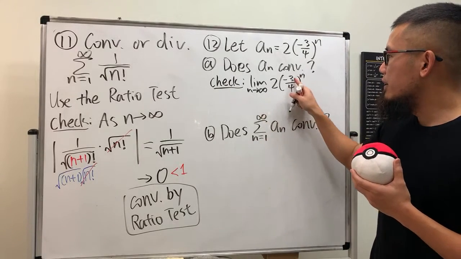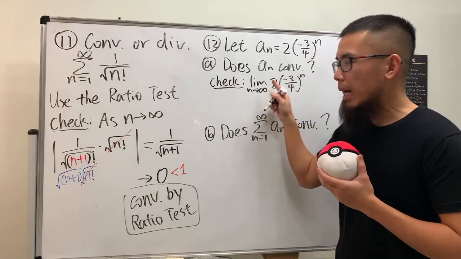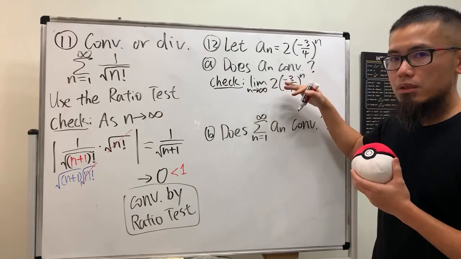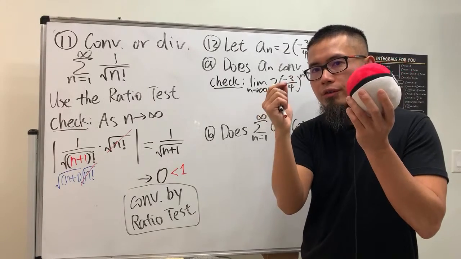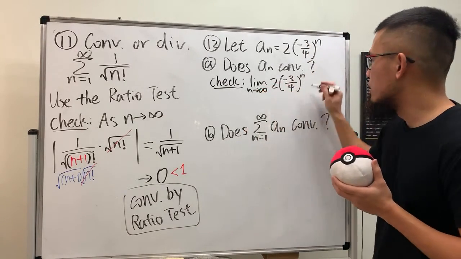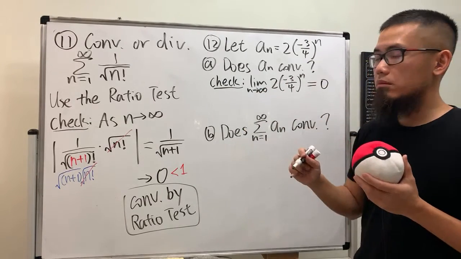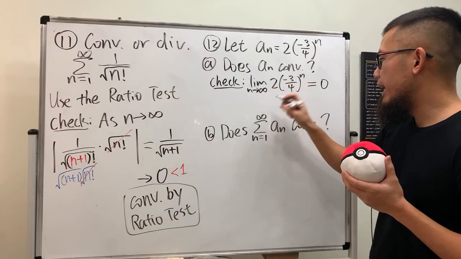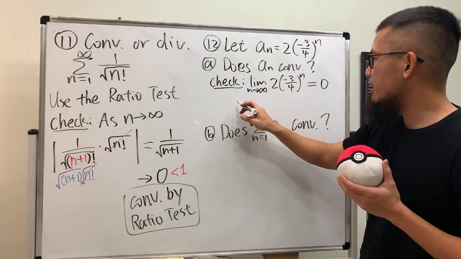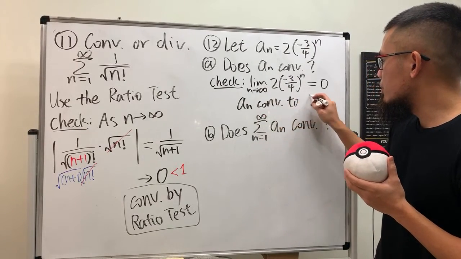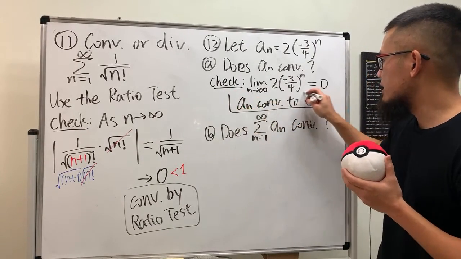But you see, the absolute value of this number is less than 1. When you put infinity here, a number that's between negative 1 and 1 to the infinity power will be 0. So this right here is equal to 0. So that's pretty much all you have to show. And we can say, yes, a_n does converge, and a_n converges to 0. So this is the answer for that.